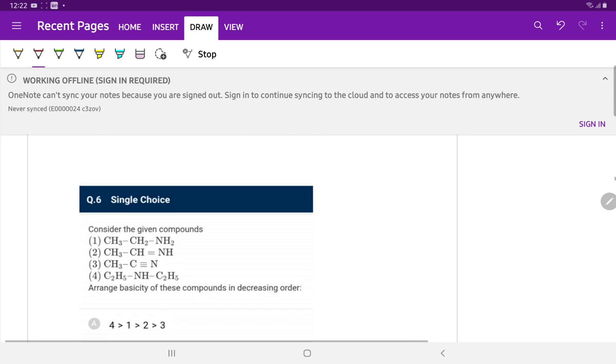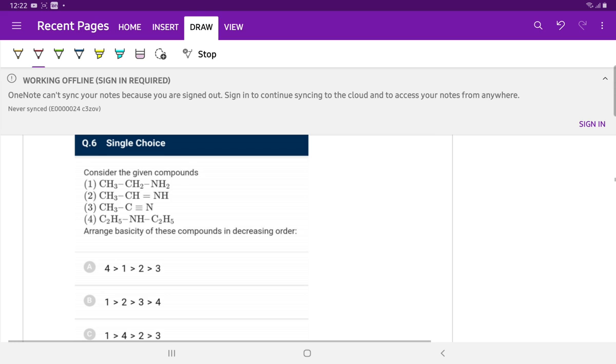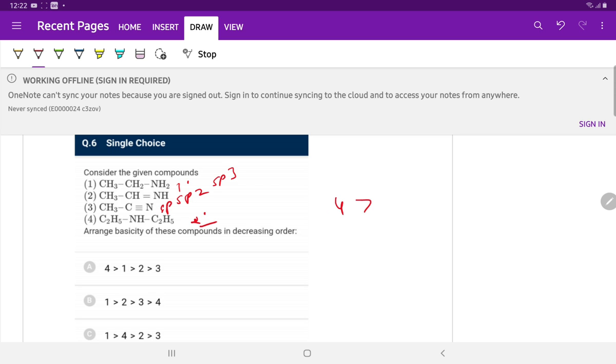Now we'll move to question number 6. Consider the given compounds. Arrange these compounds in decreasing order of basicity. This is a primary amine. This is sp2 hybridized nitrogen. This is sp3 hybridized nitrogen. This is sp hybridized nitrogen, and this is a secondary amine. We know very well that secondary amine is always highly basic in nature. Fourth is the most basic.